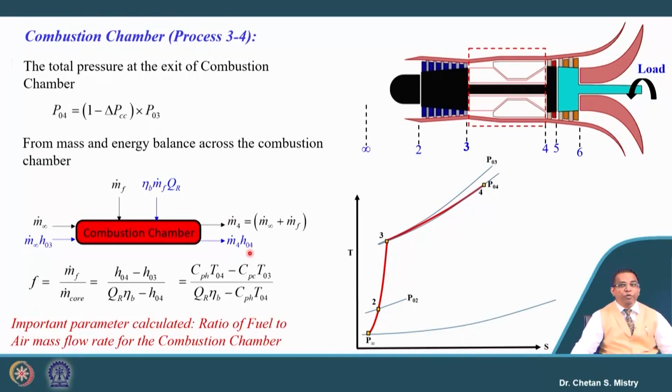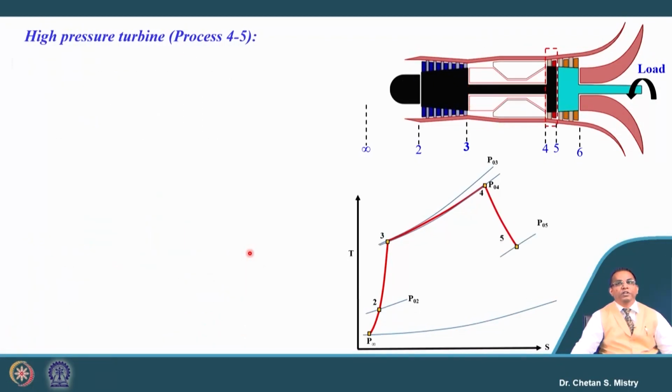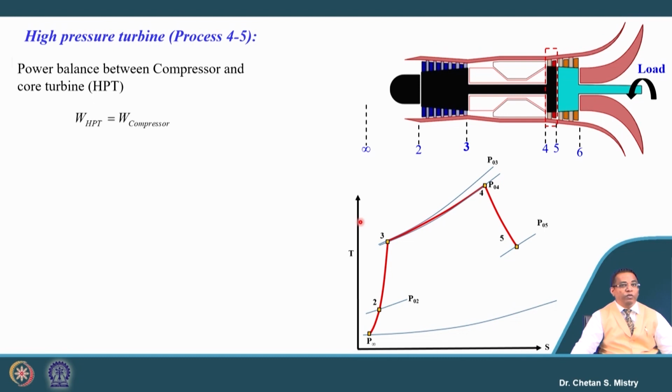Now, the next component we have is our HP turbine. For the HP turbine, what information do we have? Basically this HP turbine is used to rotate the compressor. So what will we be doing? We will be balancing the work. This is a work balance of the HP turbine and the HP compressor.